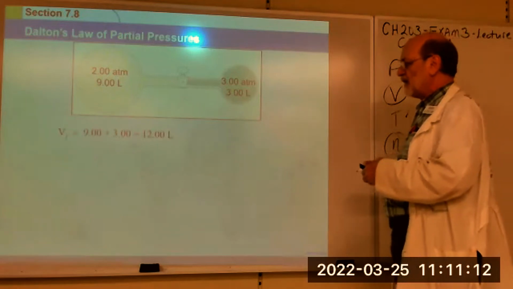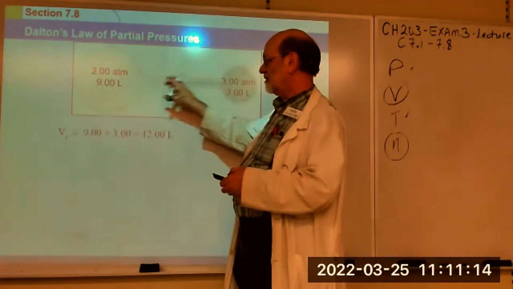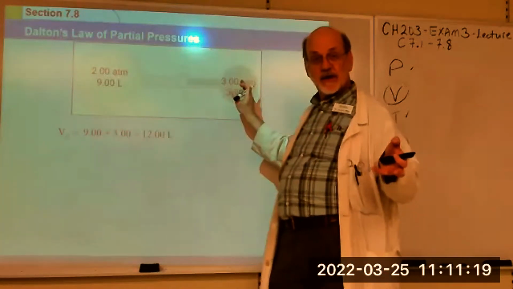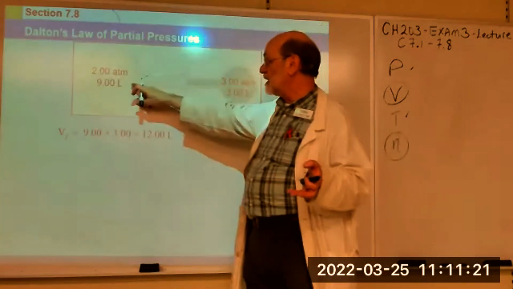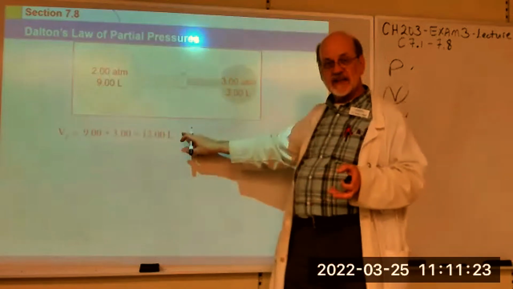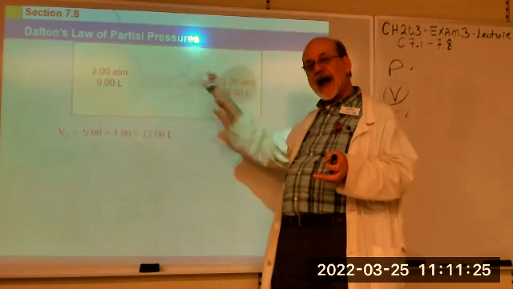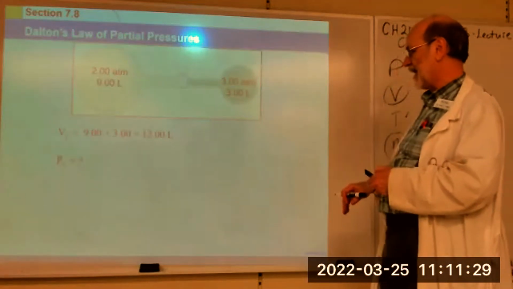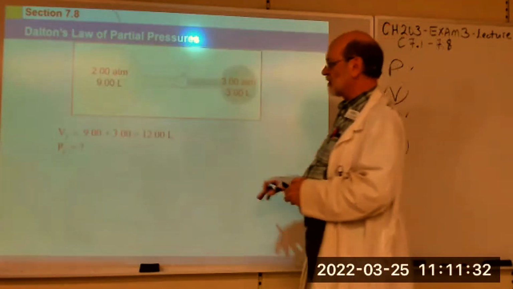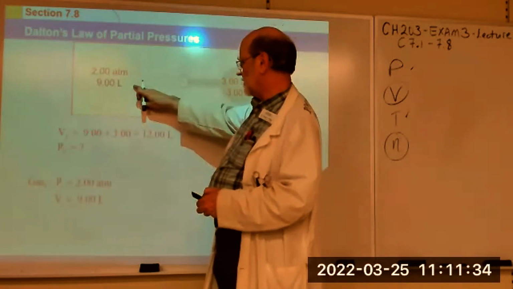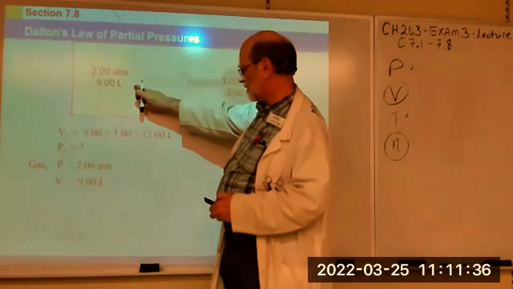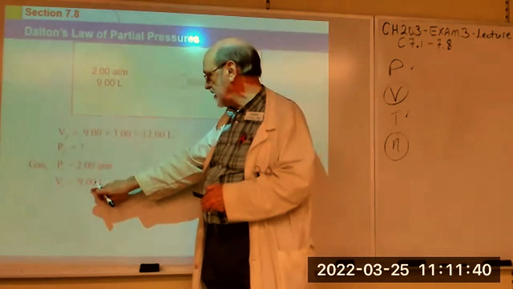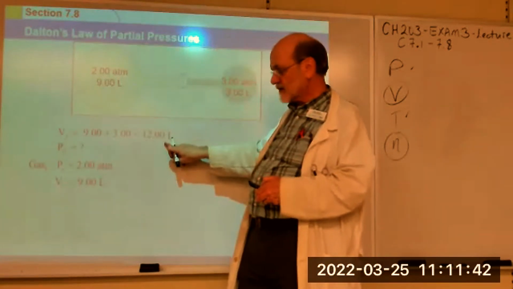So what would be the total volume? If this is a vacuum or that's a vacuum, it's going to be the same total volume, right? It's going to be 9 plus 3, which is 12 liters. That's the total volume for either scenario. What's the final pressure for this one? Well, initial is 2 atmospheres and 9 liters, and a final volume of 12 liters.